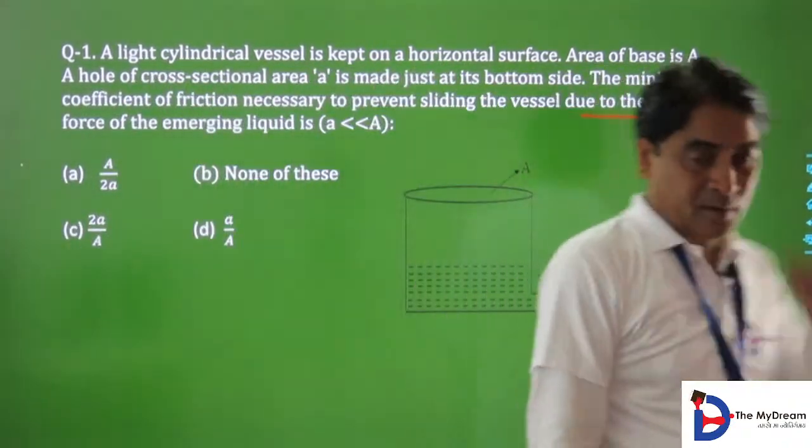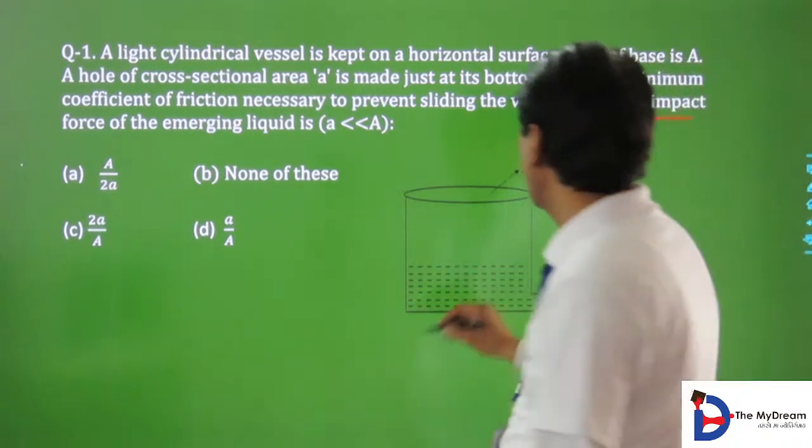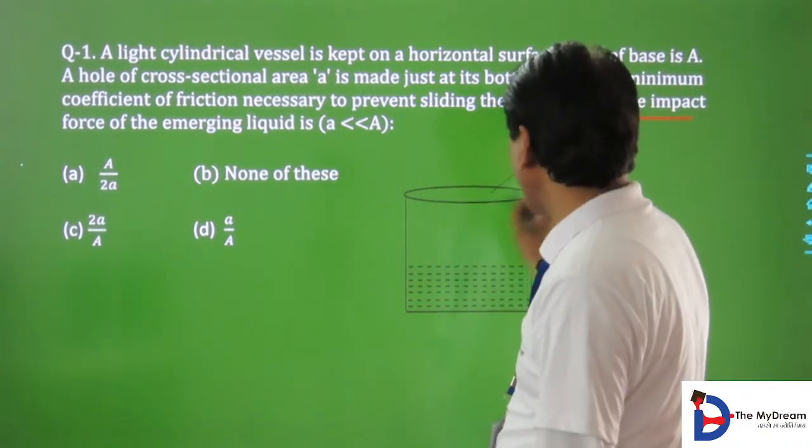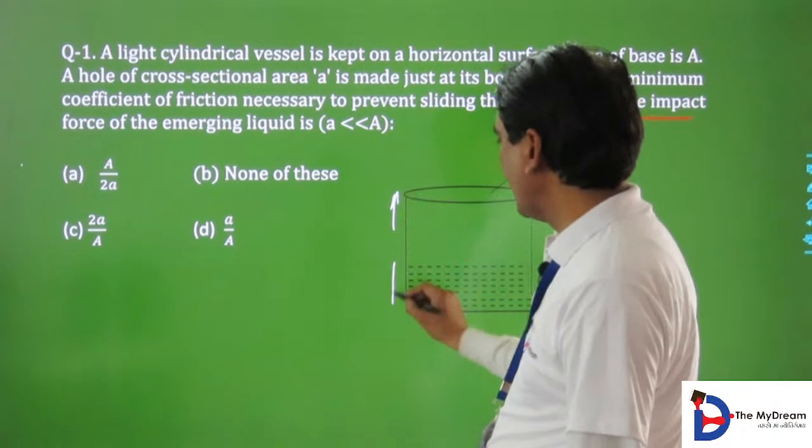So first of all, the area of this base is A, and the liquid is at a height h.